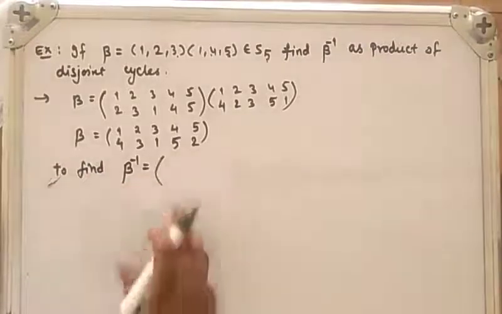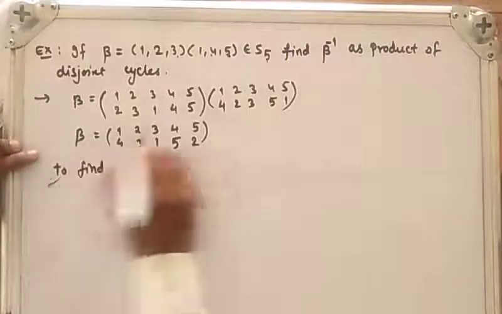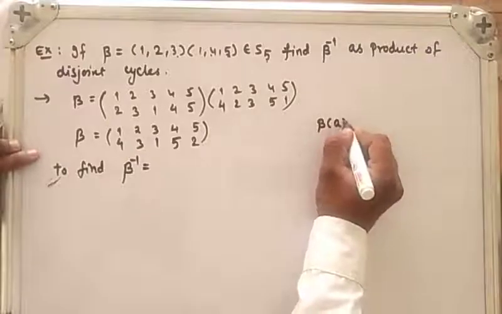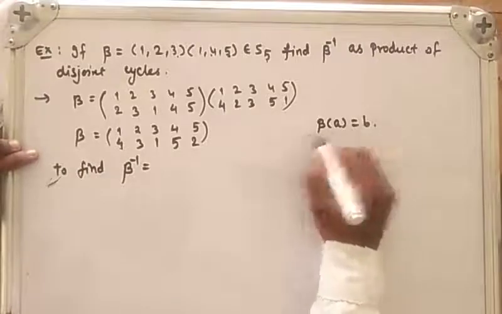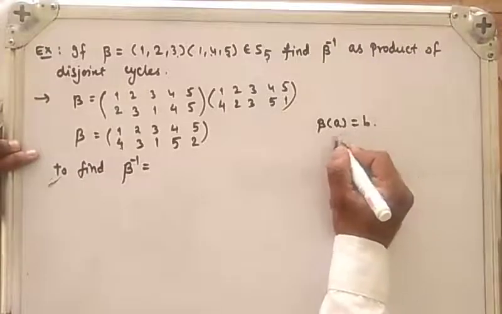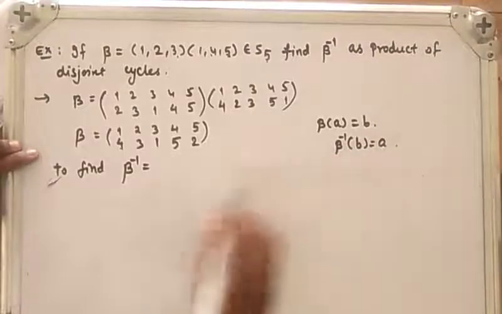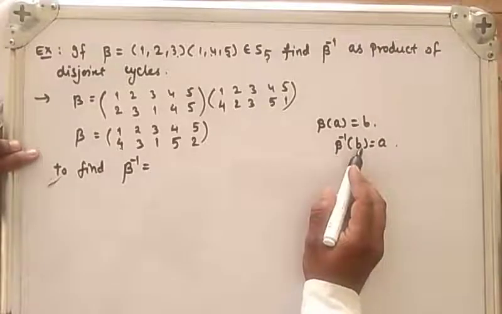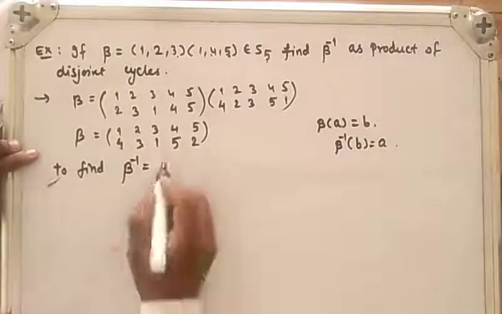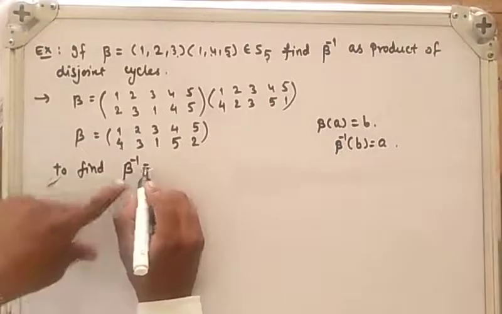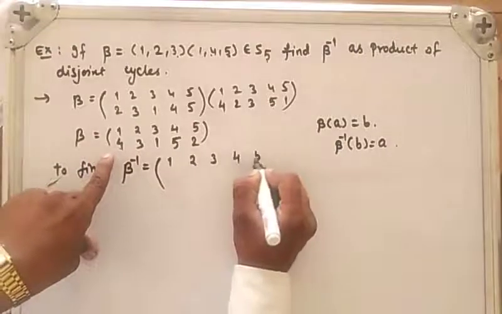Now to find beta inverse, what does it mean? If beta of A is equal to B, means the image of A is B. So if I take beta inverse, then beta inverse of B is equal to A, means the inverse image of B is A. So here for beta inverse I will write 1 2 3 4 5.